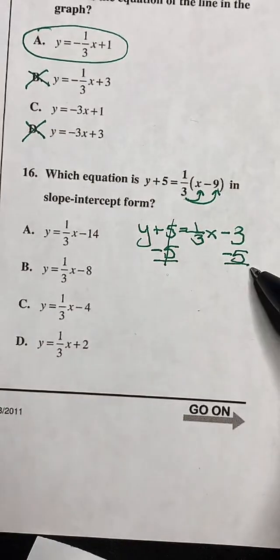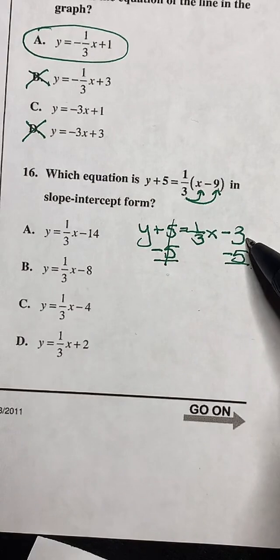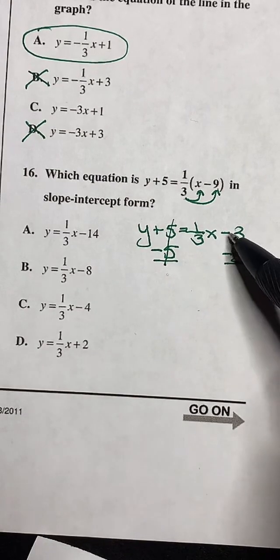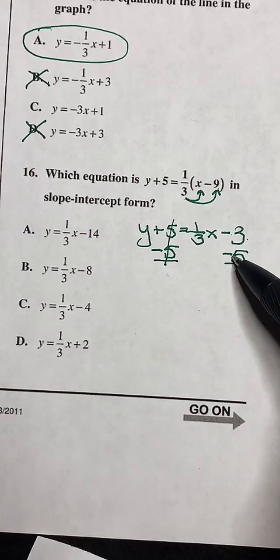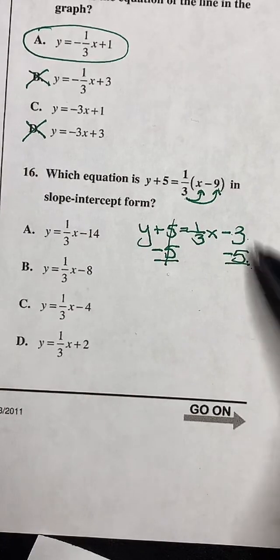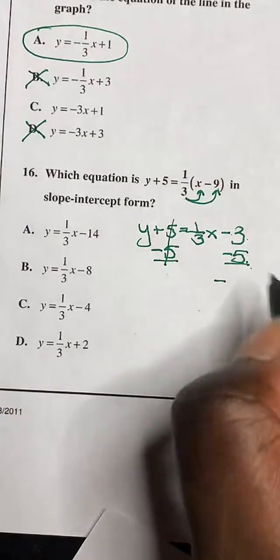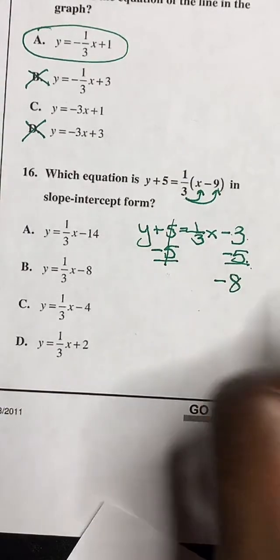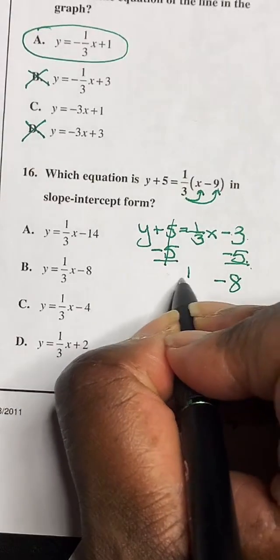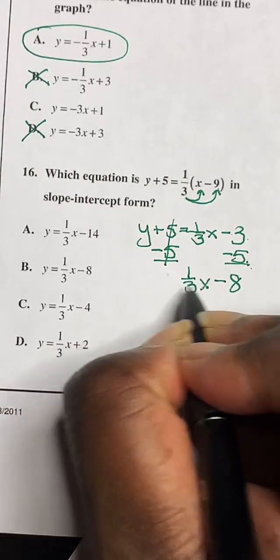So once I do this, I have -3 minus 5. Okay? Both of them have a negative. That means I'm going to add these two together and keep the sign. So 3 plus 5, that gives me 8. So that means I have my 1/3 x minus 8.